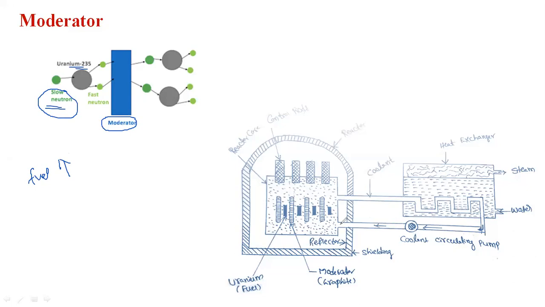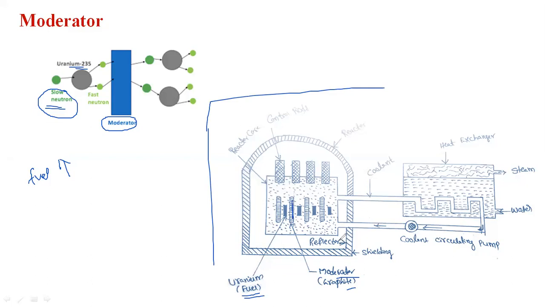Now you can observe here, this is nothing but the nuclear reactor. The material used for the moderator is graphite, and the fuel used is nothing but uranium-235. Whenever the fission process occurs, fast neutrons are released. They are absorbed by the moderator, which again releases slow neutrons.